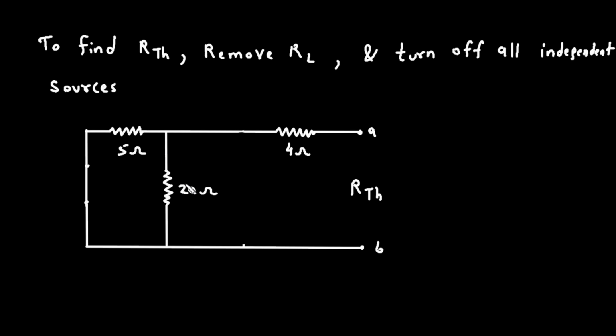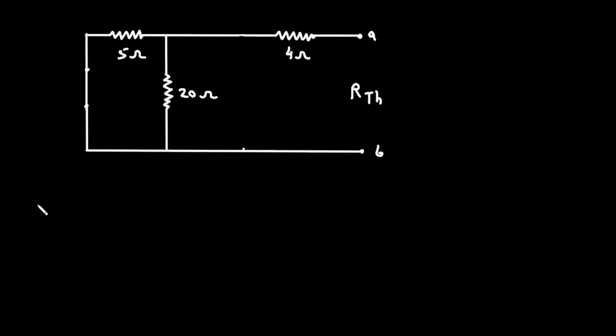Now here we can clearly see this 5 ohm and 20 ohm, these are connected in parallel and it is in series with 4 ohm. So therefore RTH, Thevenin's resistance, is equal to this 4 ohm plus 5 ohm parallel with 20 ohm.